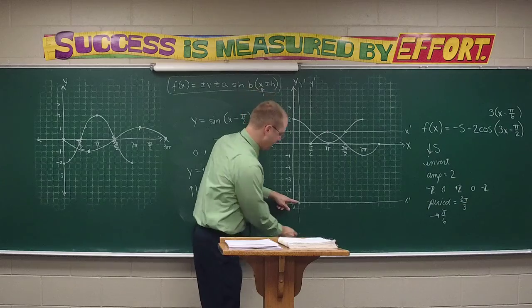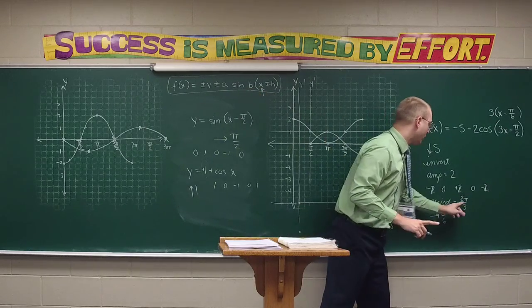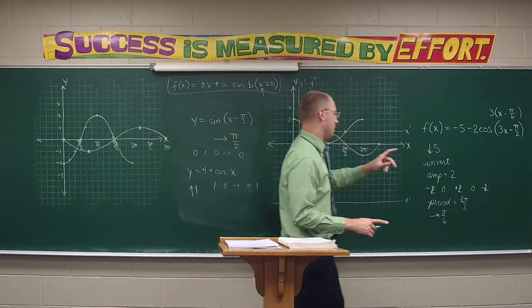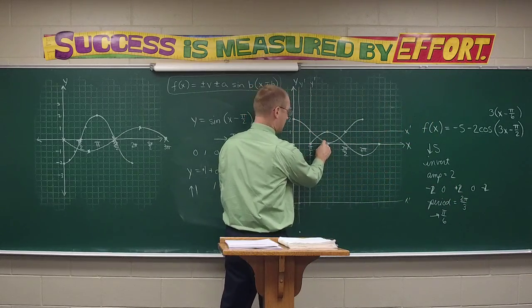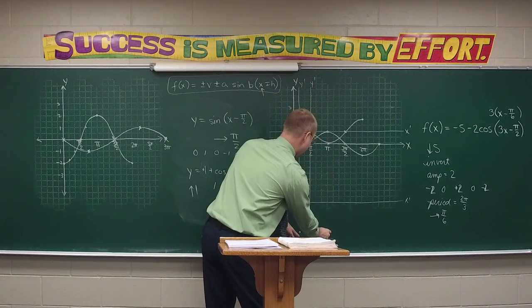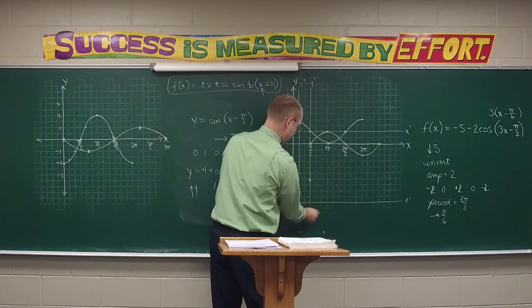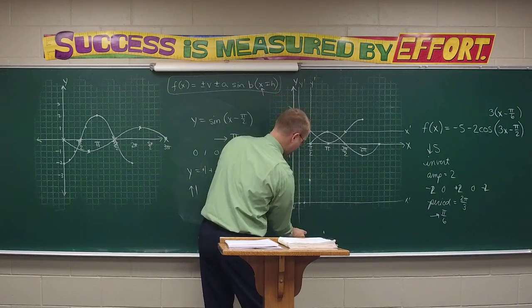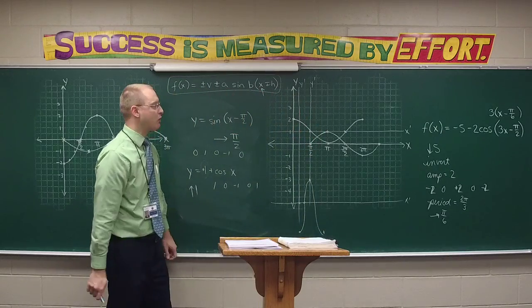So I would have to start at negative 2 and end at negative 2, 2 pi over 3 later. Well, 2 pi over 3 is right here, shifted forward 1 box. So I have to start at negative 2, end at negative 2. Halfway in between, I'd have to have, relative to this, positive 2. And then halfway in between those, zeros, and so the curve would be something like that.